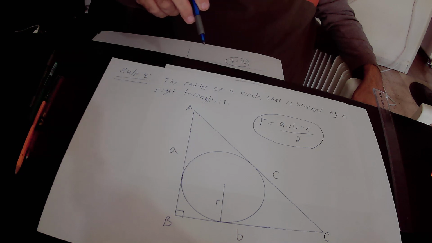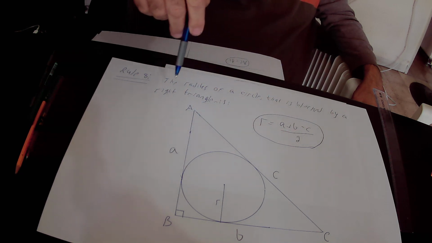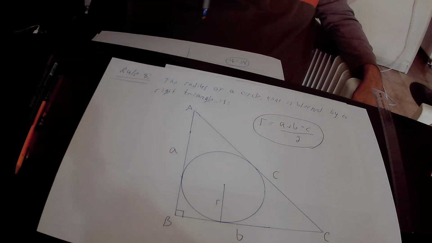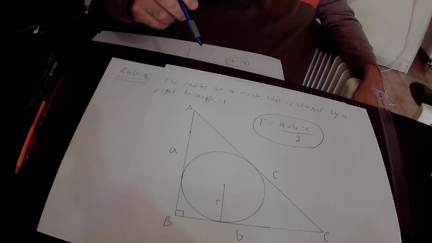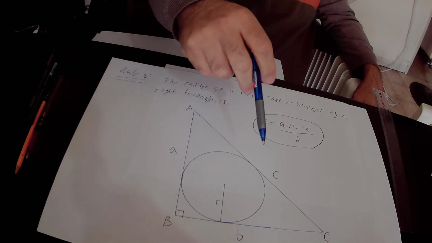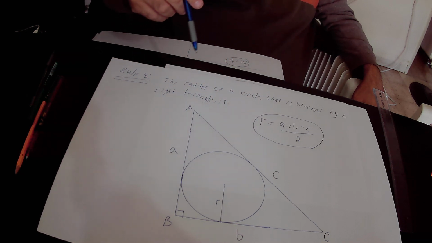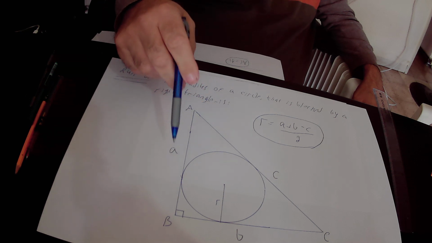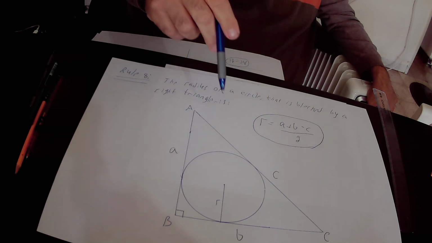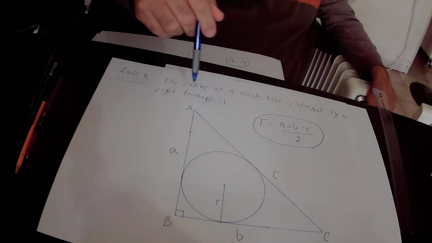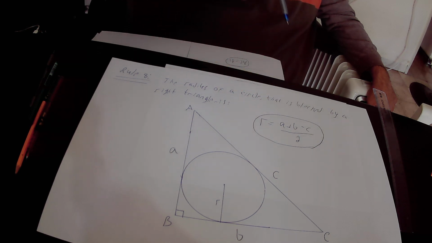Here we have the right triangle ABC that blocks this circle. So we can know the radius of this circle only by knowing the sides of the right triangle ABC. Side AB equals A units in its length, side BC, the perpendicular BC, equals B units in its length, and the hypotenuse AC of the right triangle equals C units in its length.